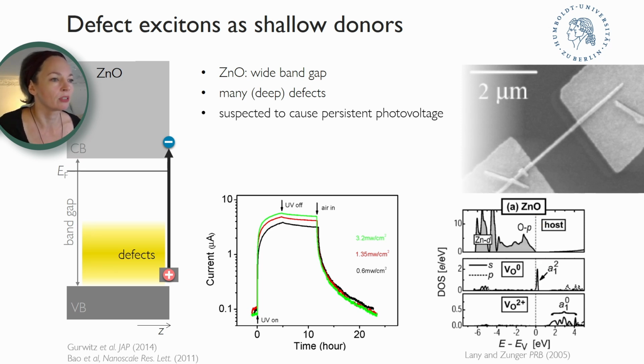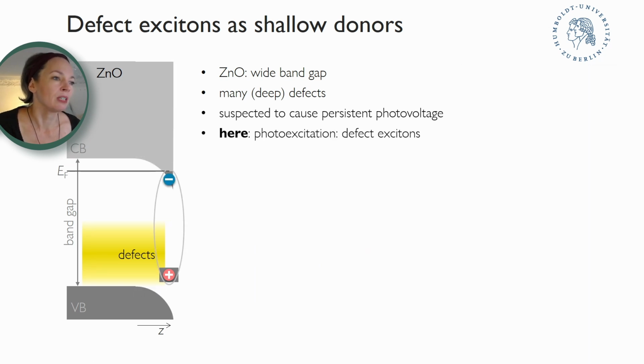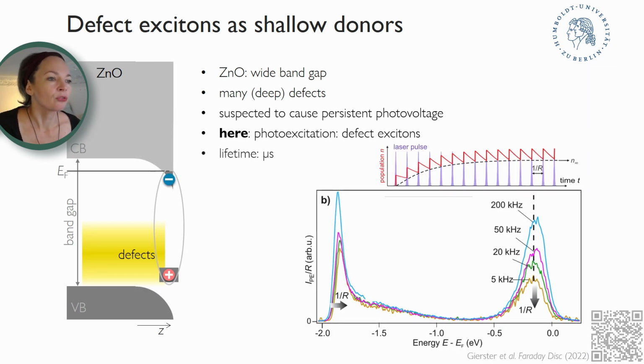that could be responsible for this persistent photovoltage. When we now do a photoelectron spectroscopy on zinc oxide, we create defect excitons, as you will see in a moment. And the spectral signature of these defect excitons sits just below the Fermi energy in the spectra. 0 is always the Fermi energy in our spectra.